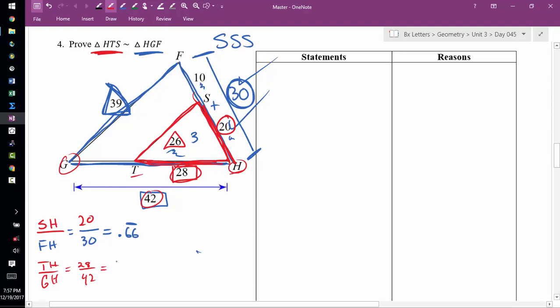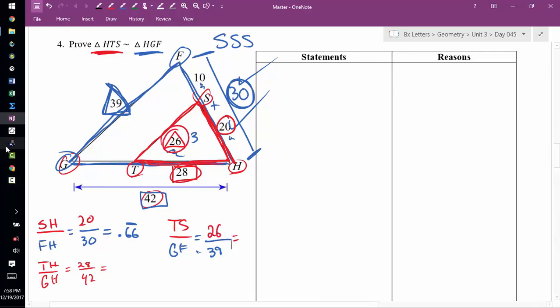And then the last one would be the bases. T to S, TS over corresponding side, GF, and that would be on the denominator 39, and in the numerator 26, sorry.